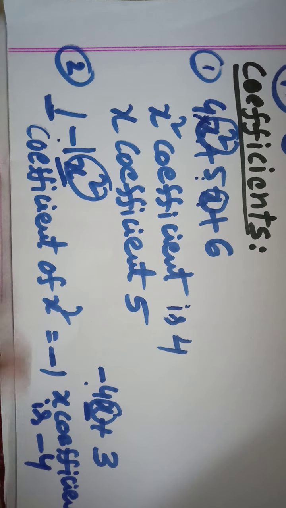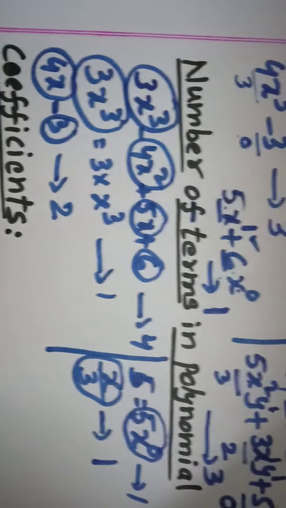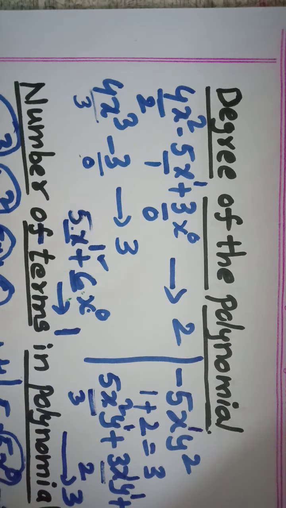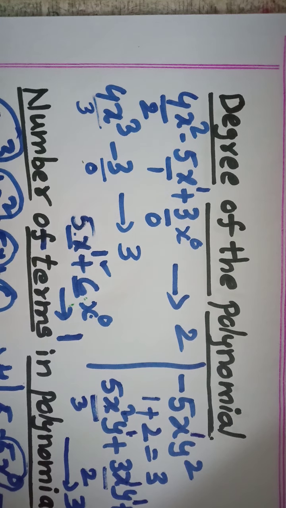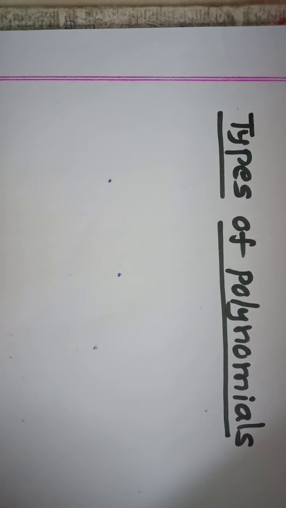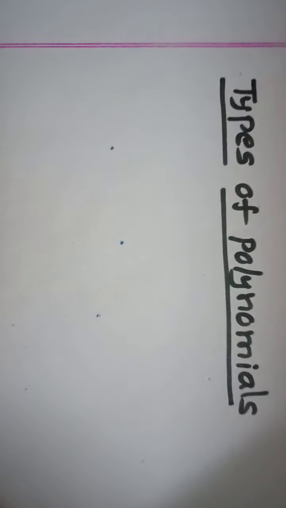So this is all about coefficients of the variables, the number of terms in a polynomial and the degree of the polynomial. According to degree, we can easily separate the polynomials. This is the most important topic in this polynomials chapter, types of polynomials.